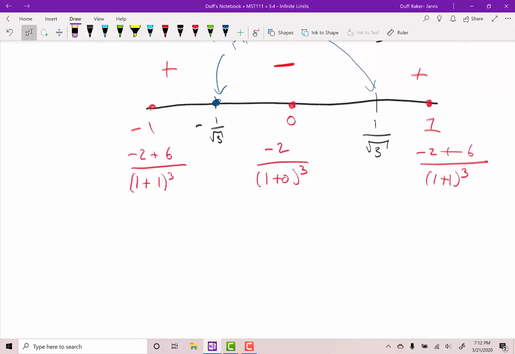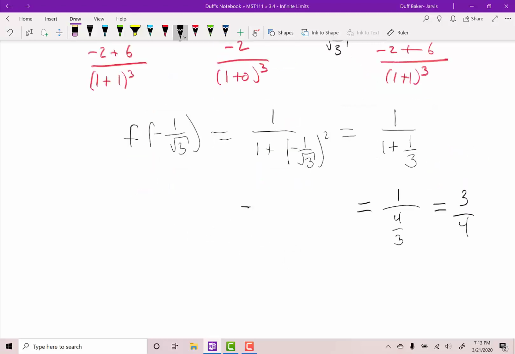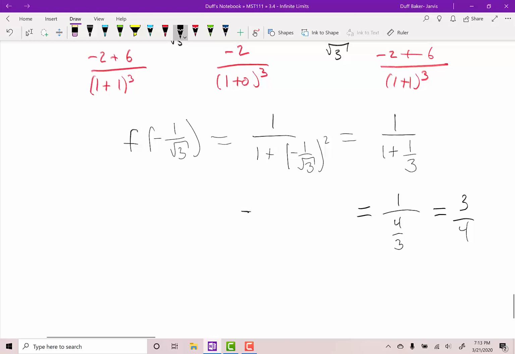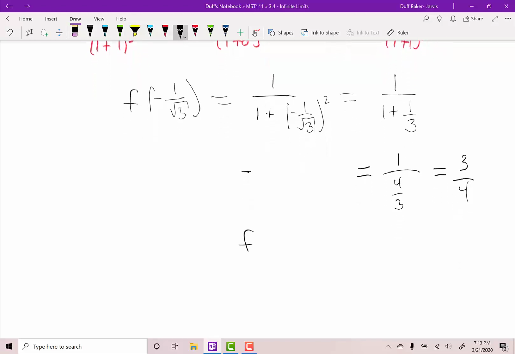So let's figure out the value of the function there. Let's figure out f of minus 1 over root 3. And because we know the function is even, f of the other side will be the same.